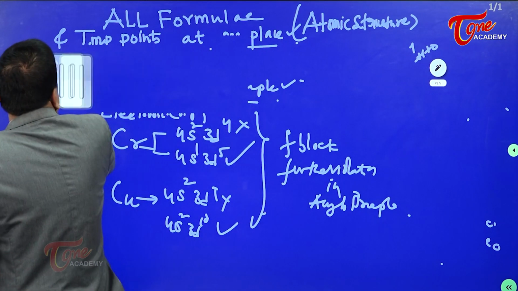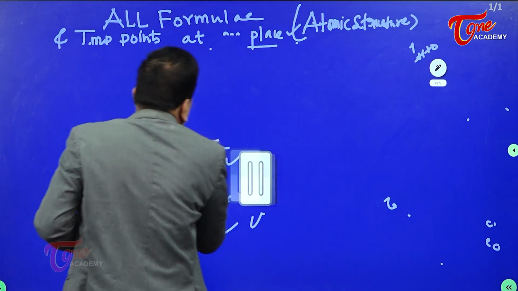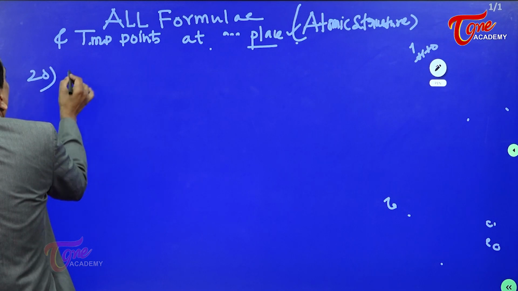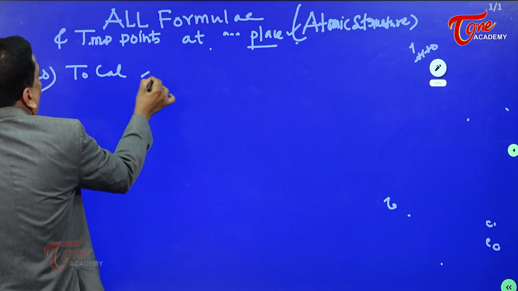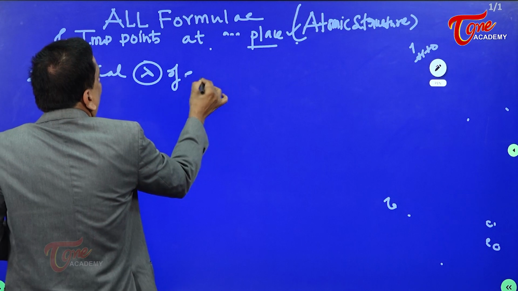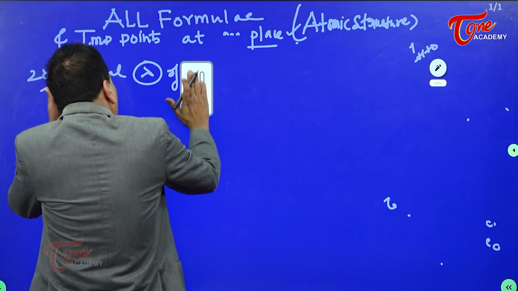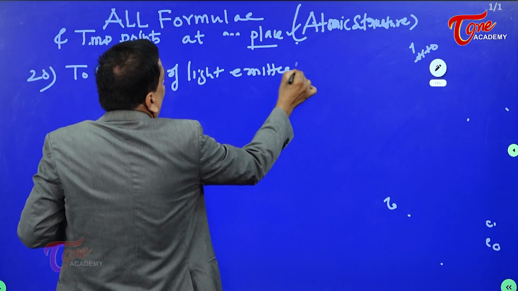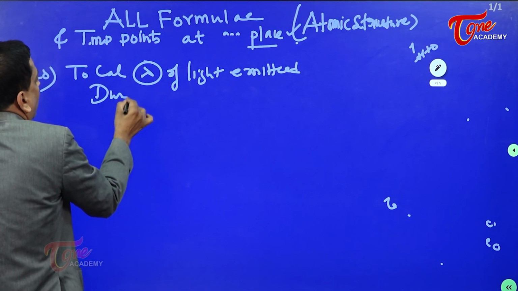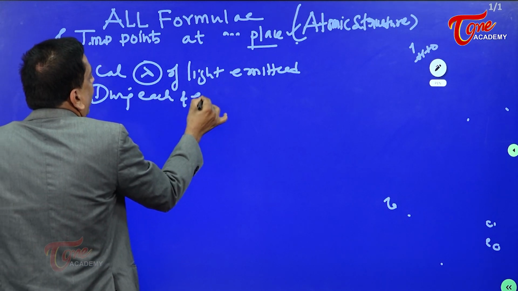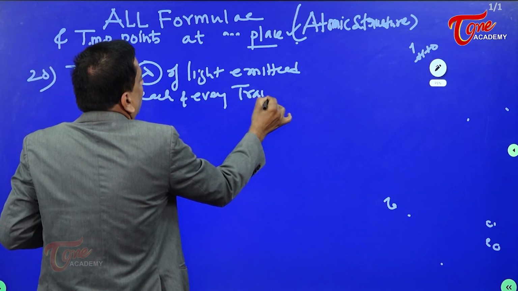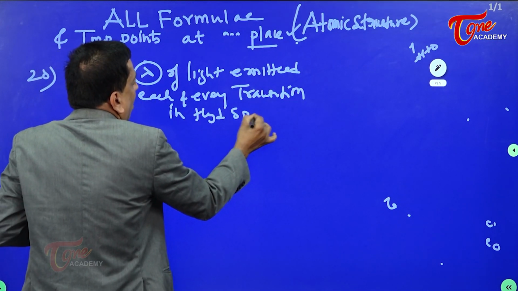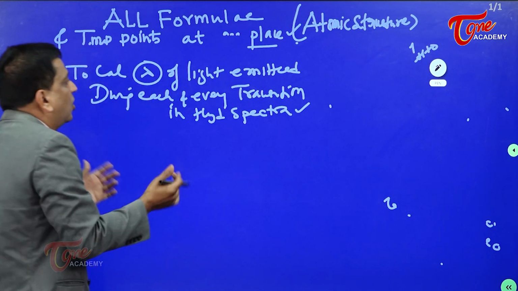Here comes the 20th one. You must understand, this is extremely important. This is to calculate lambda of the radiation or light emitted during each and every transition in hydrogen spectra or any single electron system.